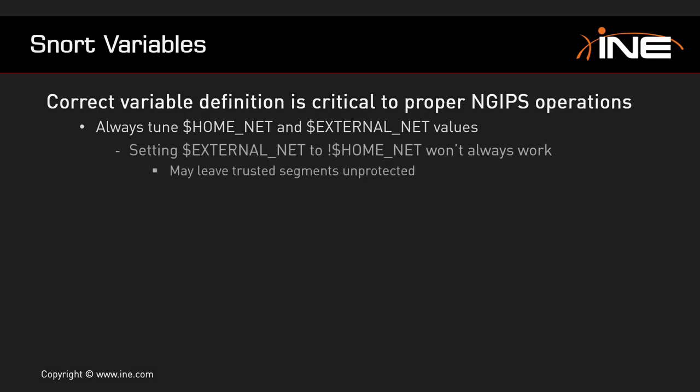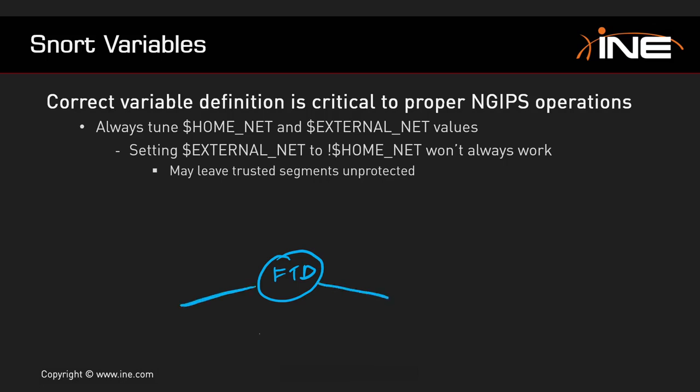And what some people do is set the external net variable to be anything but HomeNet subnets. This might work in certain scenarios, but in some others it won't. So the problem we could potentially run into here: let's say that we have a Firepower Threat Defense unit which is connected to internal subnets, and we will say that they both use private addresses.